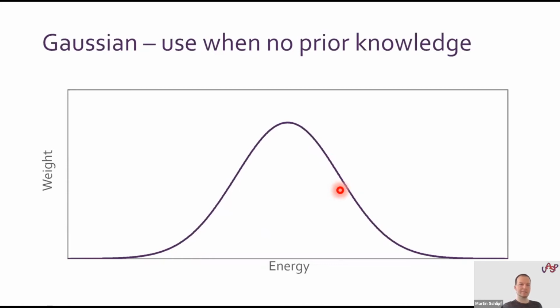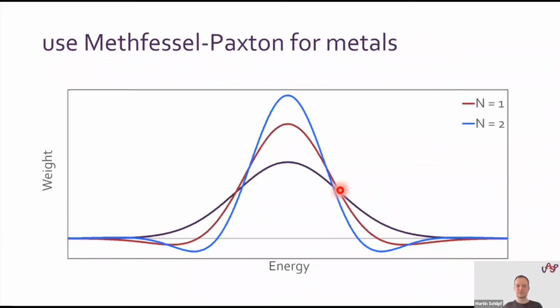For metals, there's a better choice that accounts for this by going to higher orders of this Gaussian type. You can see that this essentially has more nodes. Gaussian smearing has no nodes, and then it has 1, 2 nodes.